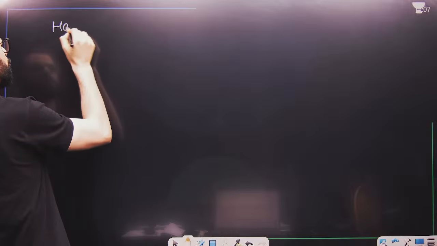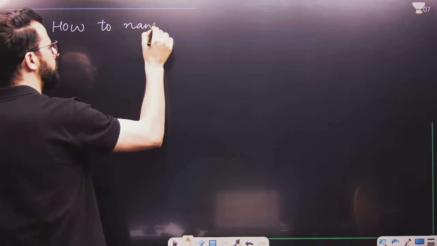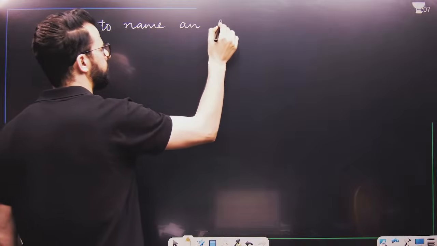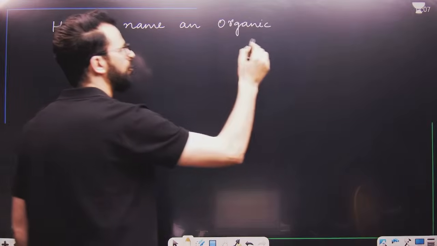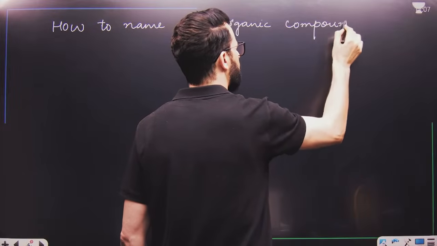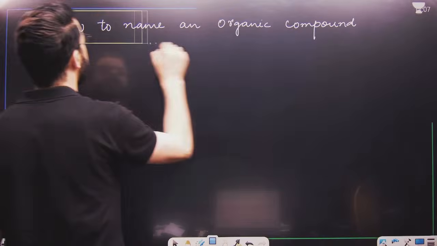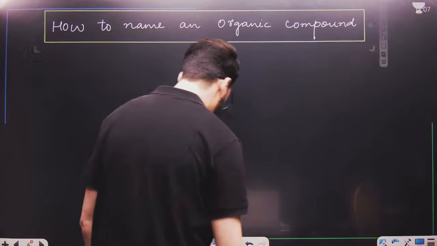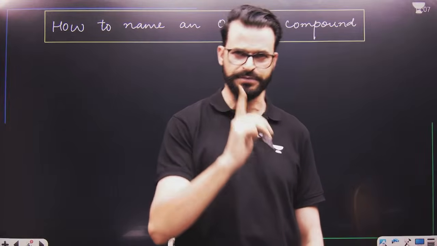Now, next thing is how to name an organic compound. Listen carefully. Naming of an organic compound is always done in 3 different steps.